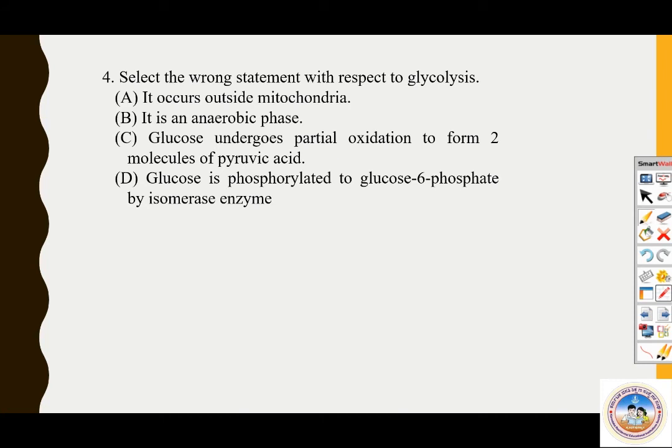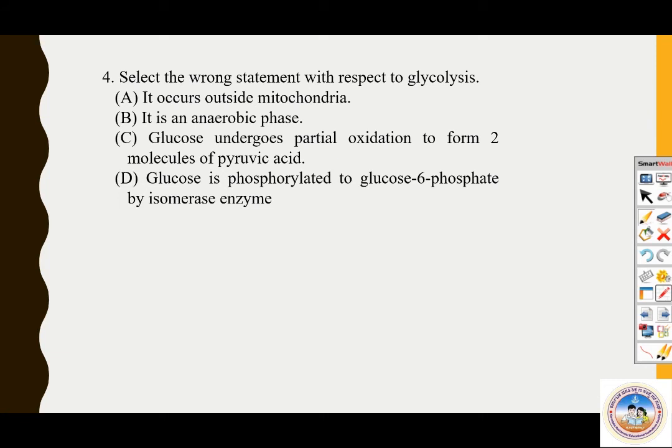Am I clear to you? Next one, it is an anaerobic phase. Glucose undergoes partial oxidation to form 2 molecules of pyruvic acid, correct? Whereas glucose is phosphorylated to form glucose 6-phosphate. Am I clear to what it is getting converted into? Glucose 6-phosphate.